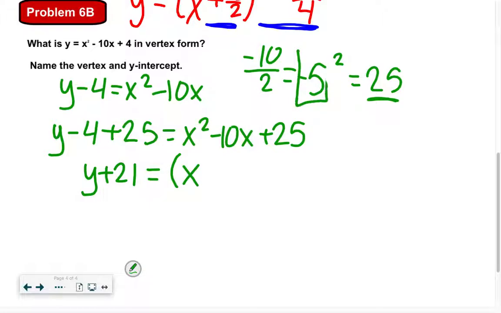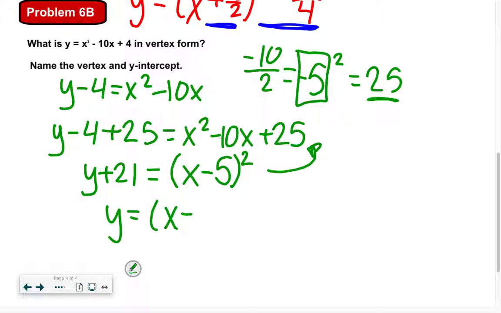The thing you square. Tells you the sign and everything. If I wanted to check, I could FOIL this out and I get the same thing there. Last step, gotta do what? Subtract 21. So y equals (x minus 5) squared minus 21.